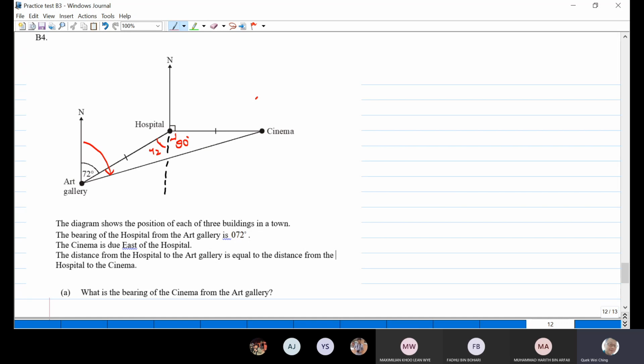So the angle at H, the hospital there, is 90 or 72. Alright, because of a parallel line, you know that it is 72 here.